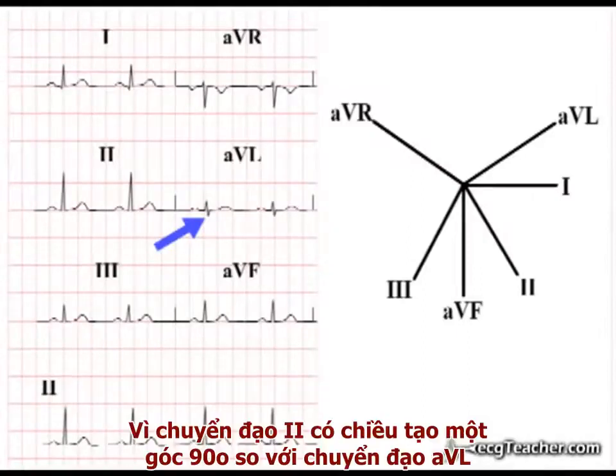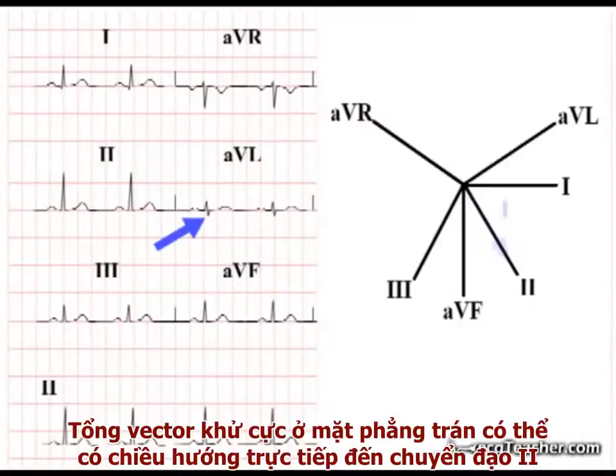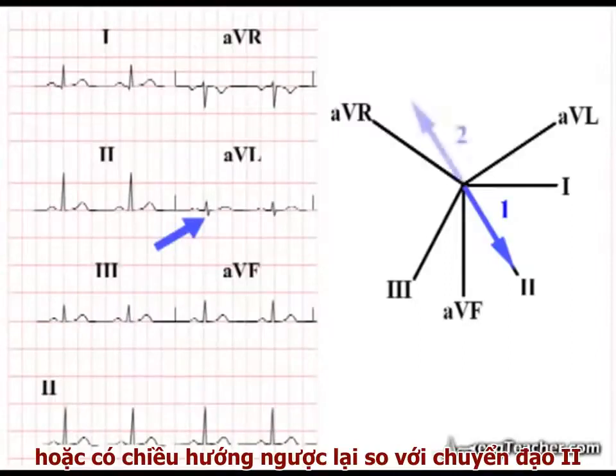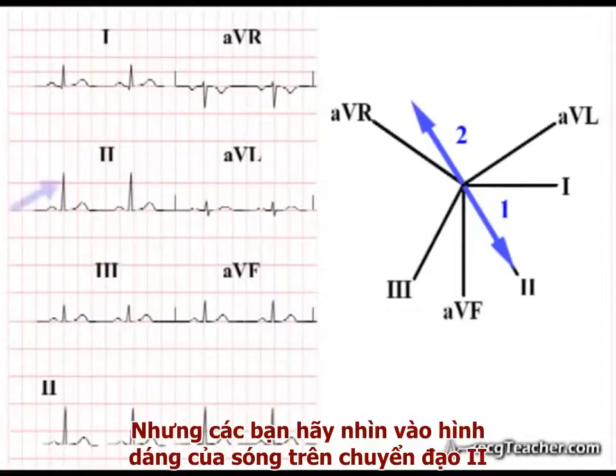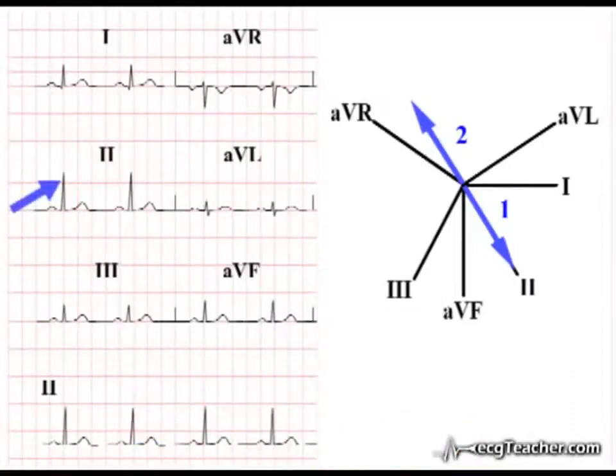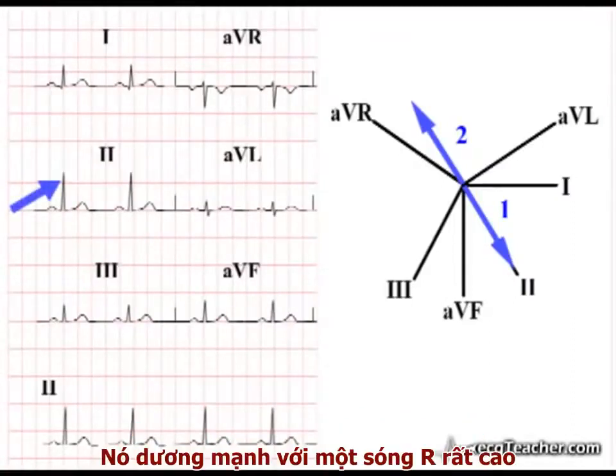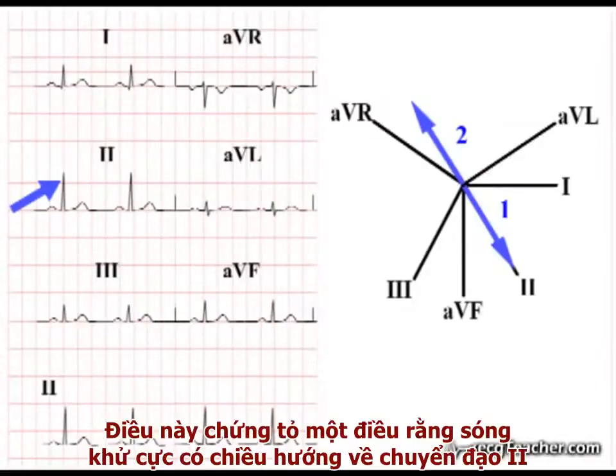As lead 2 lies at 90 degrees relative to AVL, the total frontal vector may be traveling towards lead 2 or traveling directly away from it. But look at the morphology of the QRS complex in lead 2. It is strongly positive, with a tall R wave indicating that depolarizing forces are in the main traveling within 90 degrees of this lead.